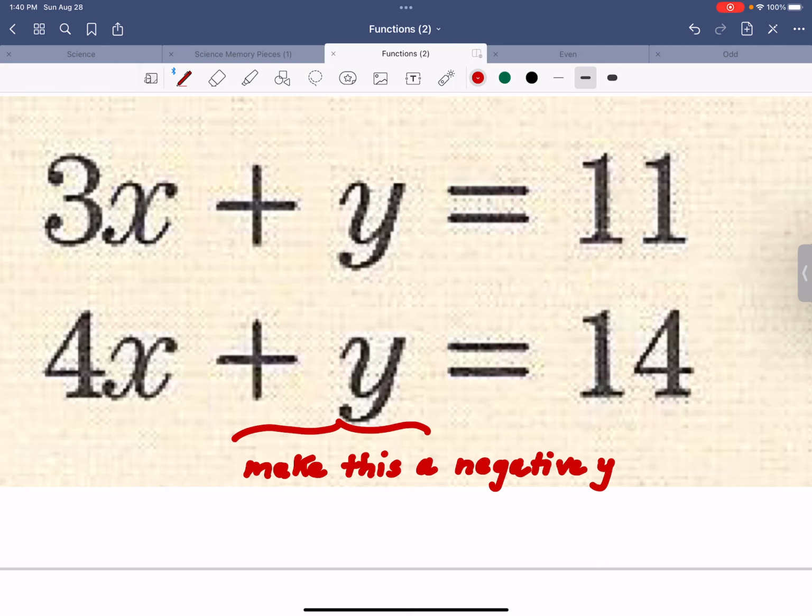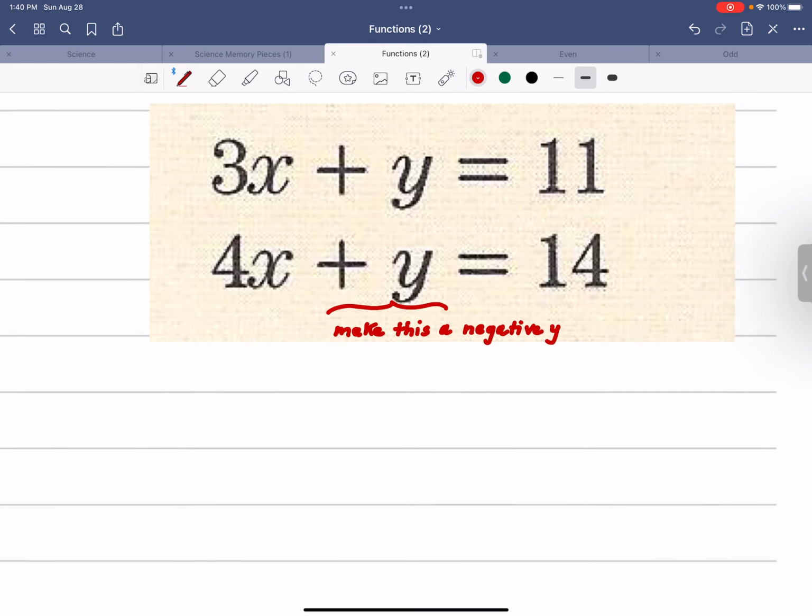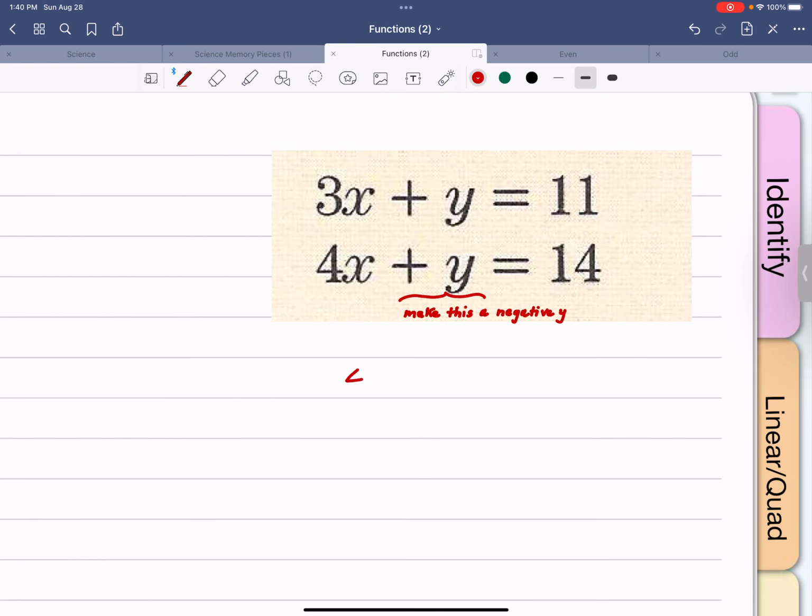So I'm going to take this equation, this 4x plus y is 14. And I know if I multiply the whole equation by negative 1, I will change the signs of my values. So negative 1 times positive 4x is negative 4x.